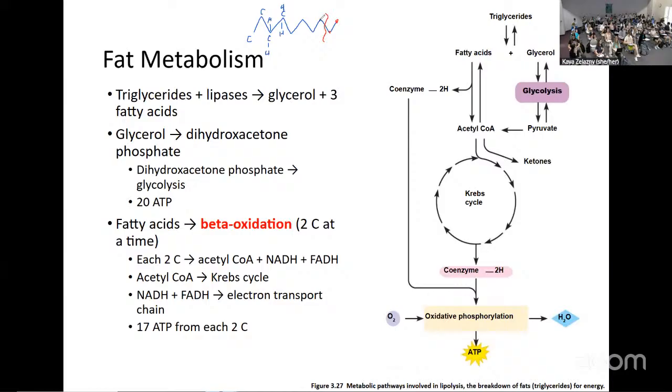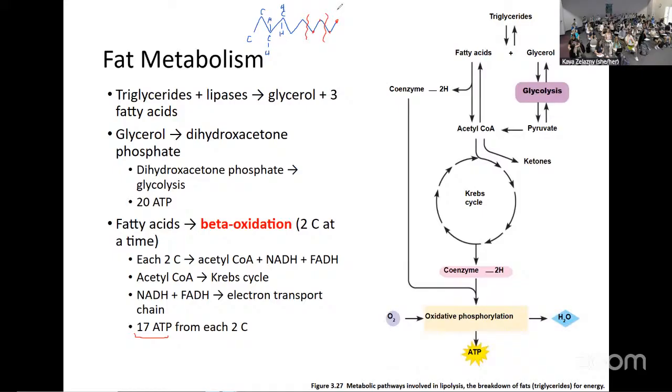Right, we're going to break down 1 carbon, 2 carbon, chop the molecule there through the process of beta oxidation. And for every little 2 carbon chunk like that, we're going to end up getting 17 ATP. So 17 ATP for every 2 carbons, but those fatty acid chains are way longer than 2 carbons, right?